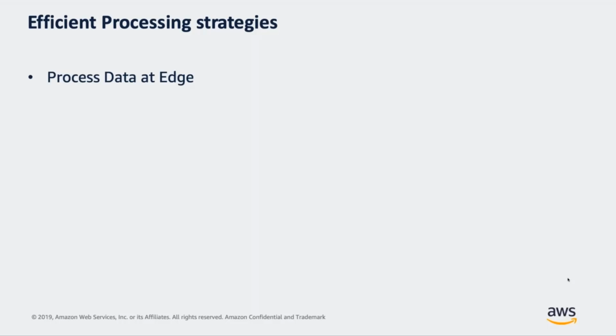So let's look at what are some of the strategies for efficiently processing data. First, you can process some data at the edge even before you send this data to the cloud. And with this, you can first reduce your data considerably. If you don't need to send every reading to the cloud, you could only send readings which are relevant. You could compress data. You could encode data if you need to transform it in some format.